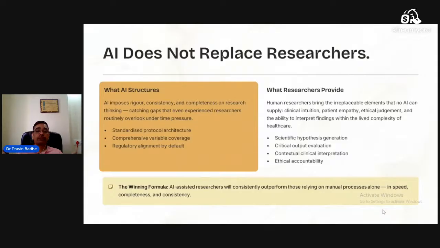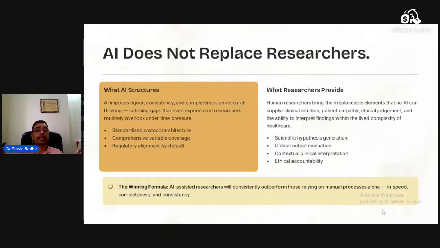So with this information, what we discussed for the last 1.5 hours, the purpose is not to tell you that AI is going to come and replace the researcher, but the purpose is that you increase your research skill and scientific skill, and you also understand how AI is evolving, so that you can use it as a research assistant to develop rigorous consistency and completeness of your research thinking.